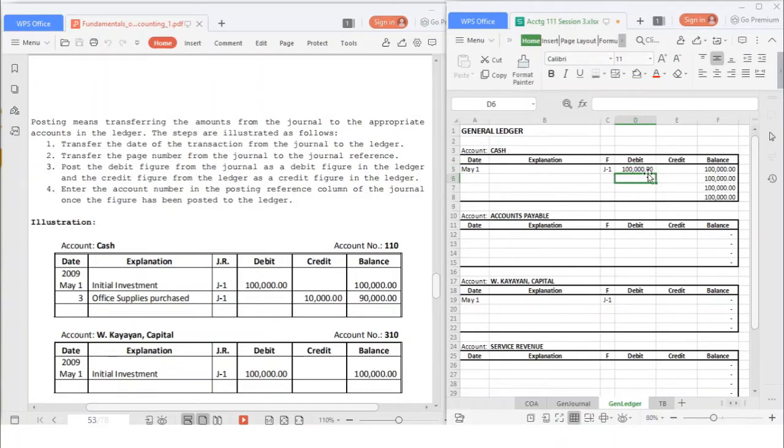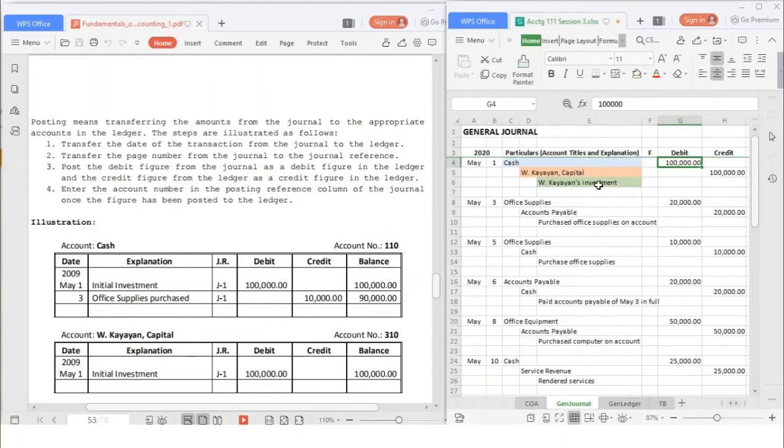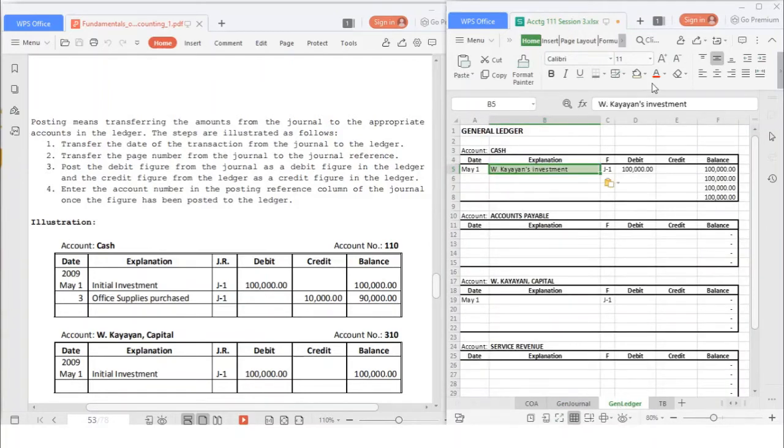Yeah, 100. Now, ato na pong i-copy ang atong explanation. Copy na to for easier. So, copy the explanation.